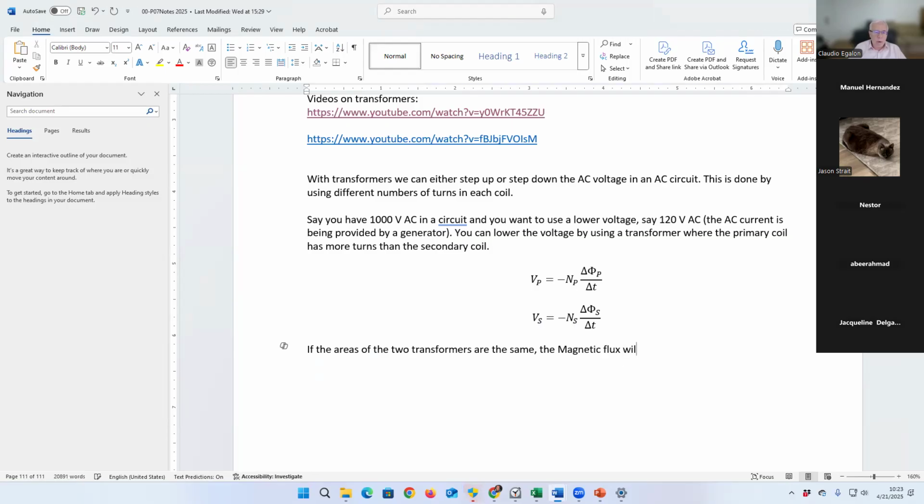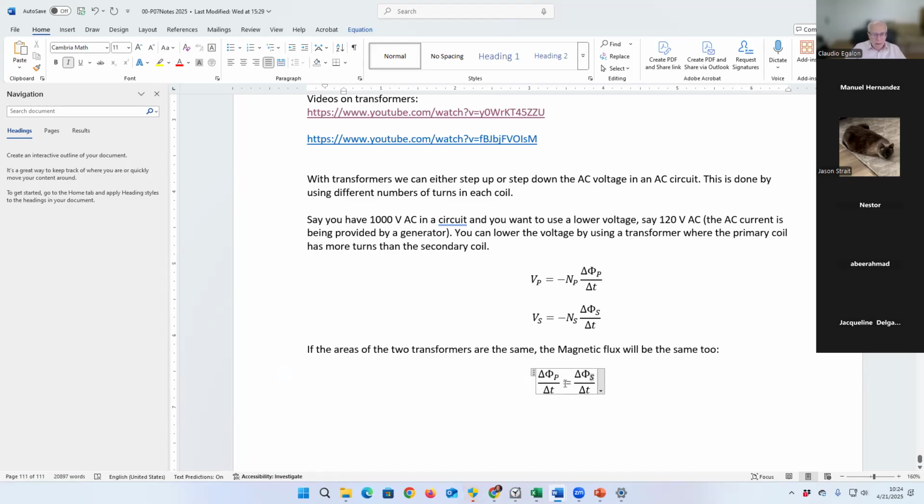Magnetic flux will be the same too, right? So we can write it down like that.